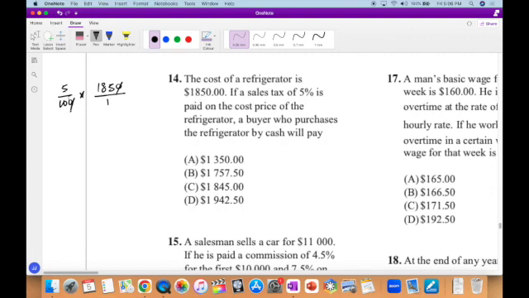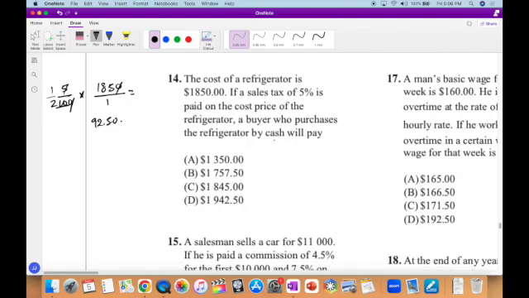So what we have here is a half of 185, which is about $92.50. So a sales tax of 5% is paid on the cost price of the refrigerator.